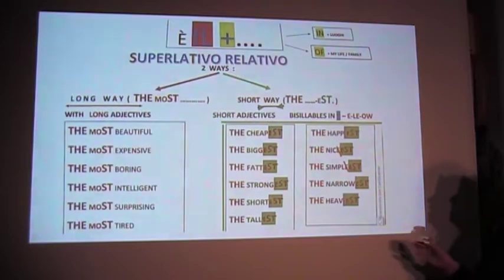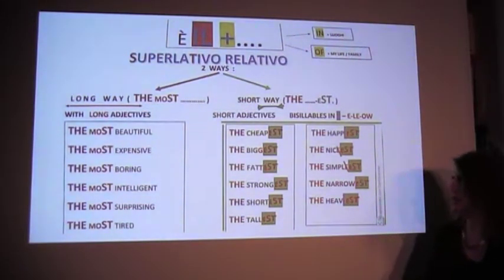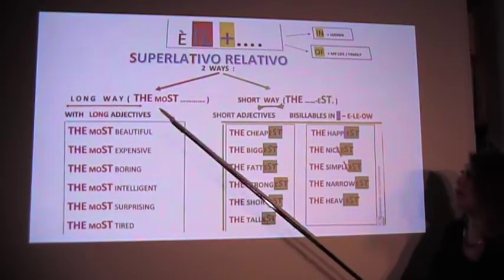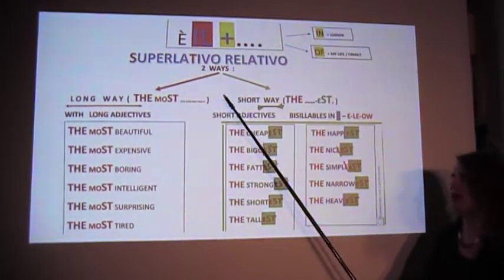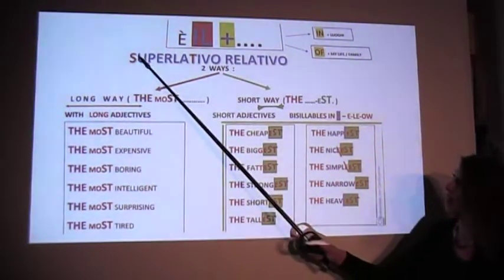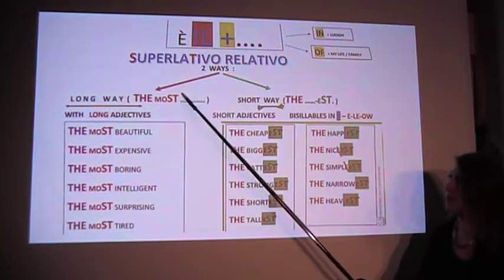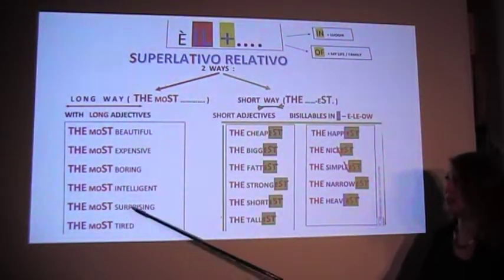This is the superlative, and that's why I've told you that they're similar, because as you can see, instead of more than, you have the most. You add the S and the T here, the most. The most for long adjectives.